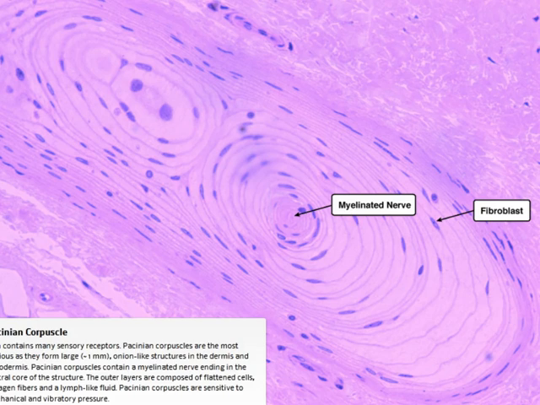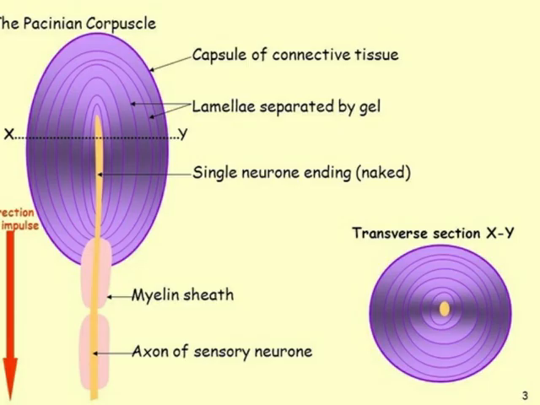The nerve fiber occupies an axial position within the corpuscle. It is surrounded by layers or lamellae of flat cells that are continuous with the endoneurium. Between the flattened cells are spaces considered to be filled with fluid. In section, the Pacinian corpuscles bear some resemblance to the cut face of an onion.